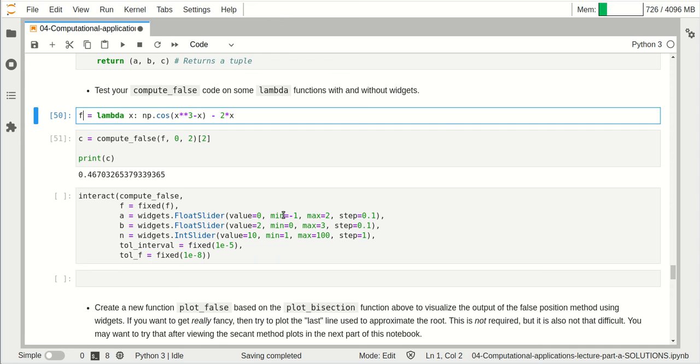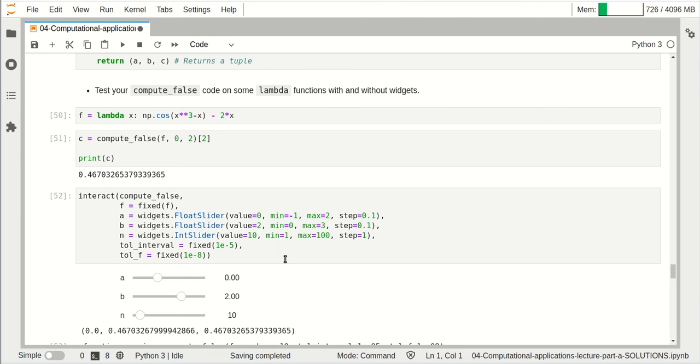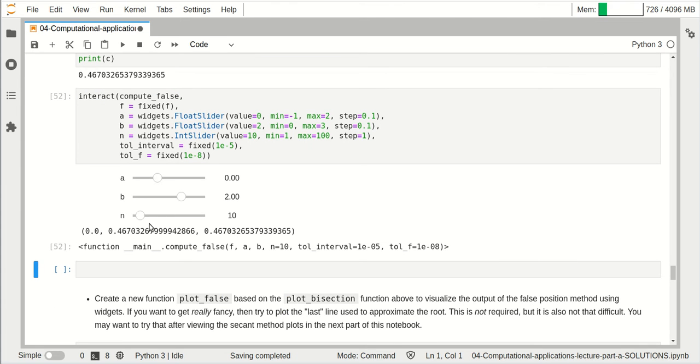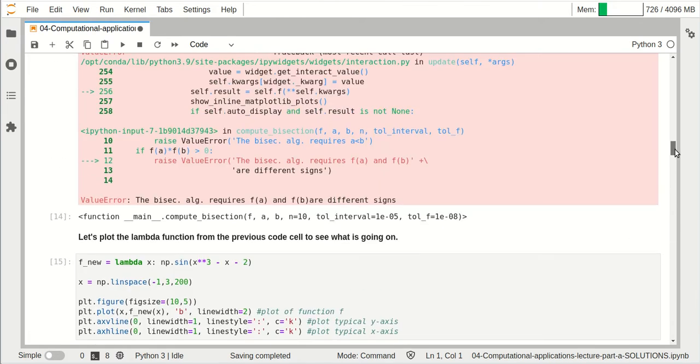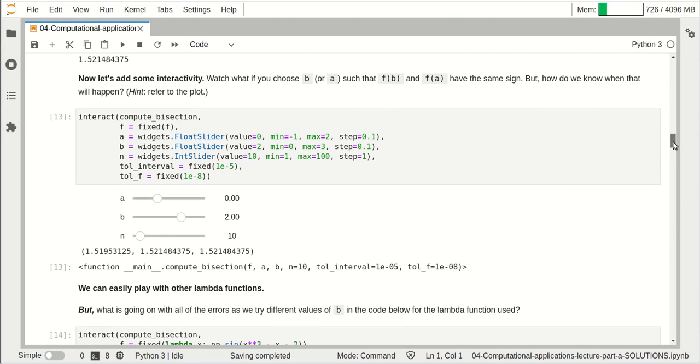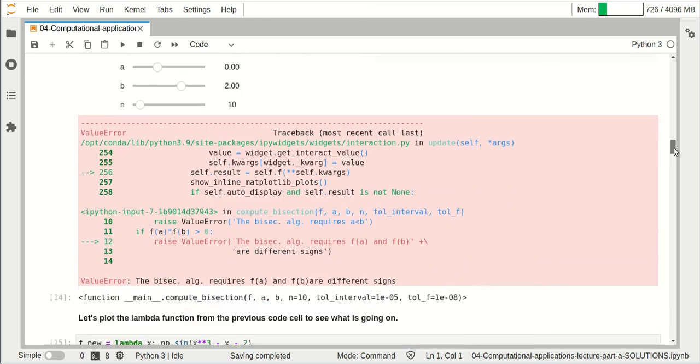My a 0, let's say min 1. I think all of that looks fine. When we're interacting with this, we're doing the outputs of this out. The approximation of the root is this C. It goes A, B, C here. I'm always just outputting all of the values.